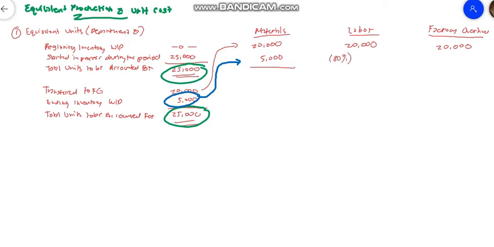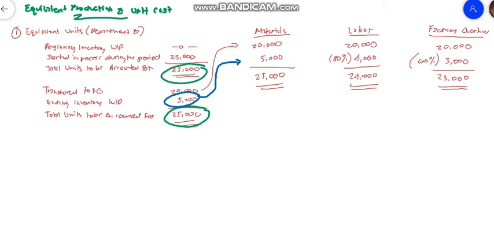So 80% of 5,000 is 4,000. And 60% as to factory overhead. So that's 3,000. Okay? So materials is 25,000. Labor is 24,000. And factory overhead is 23,000.